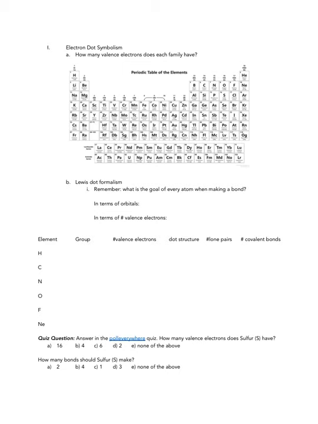Let's review by taking a look at the periodic table and talking about how many valence electrons each group has. Group 1, alkali metals with a valence electron configuration of ns1 have one valence electron. Alkaline earth metals, we're also going to skip over transition metals because the amount of valence electrons that they actually use varies.